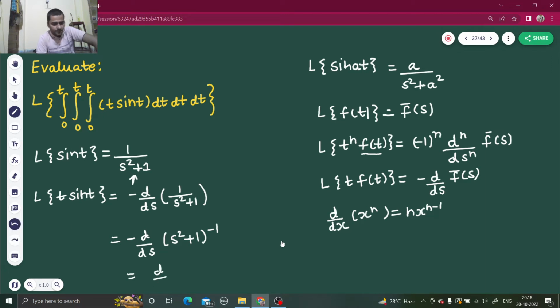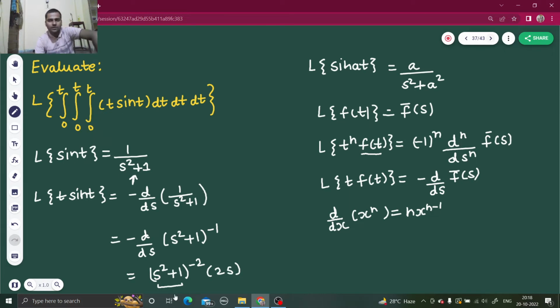In the same step, you decrease the power by 1, so s square plus 1 power minus 2. Then apply the chain rule: having done the derivative of the power, do the derivative of s square plus 1. The derivative of s square gives 2s, and the derivative of 1 gives 0. So you have obtained this. Fine.